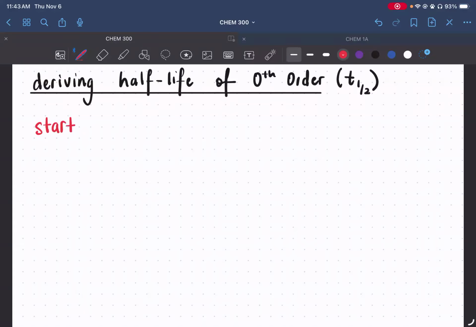We're going to start with our integrated rate law. We know that is concentration of A is equal to negative kt added to concentration of A naught.